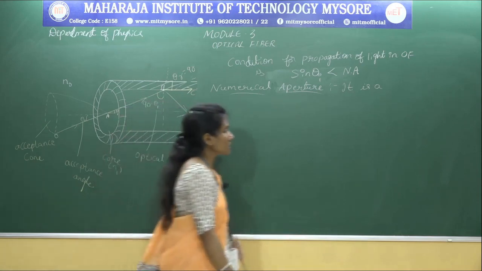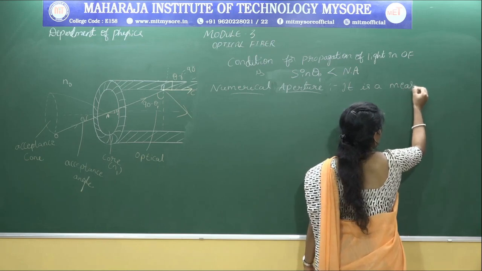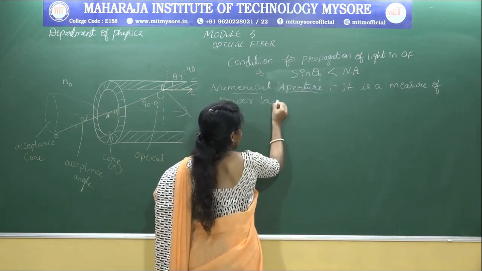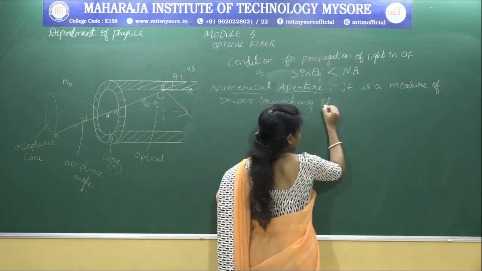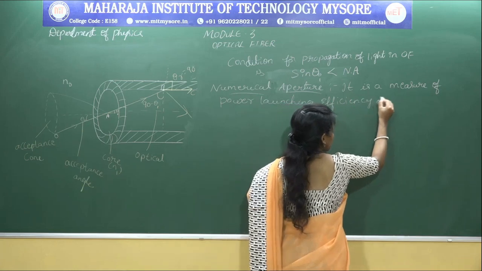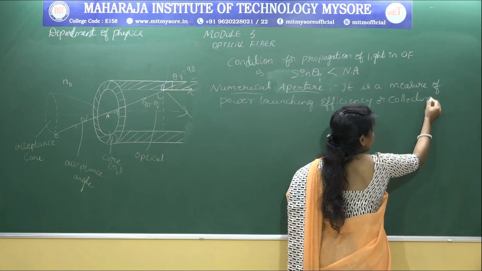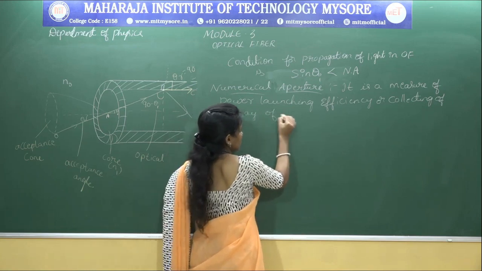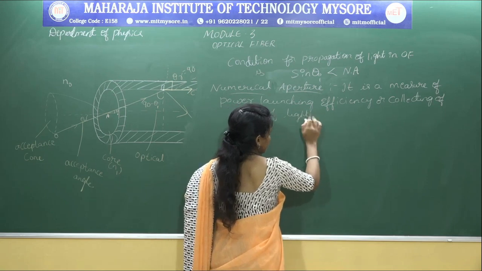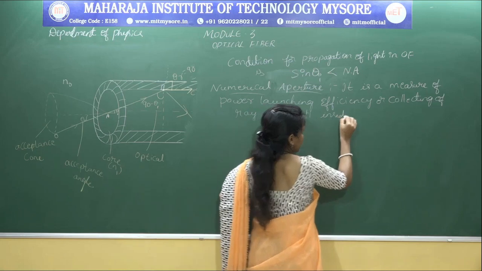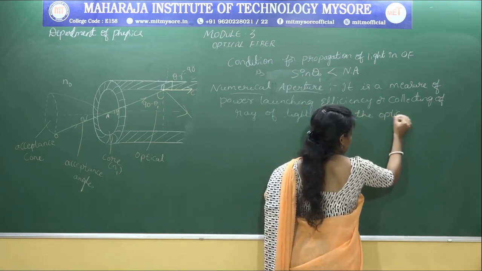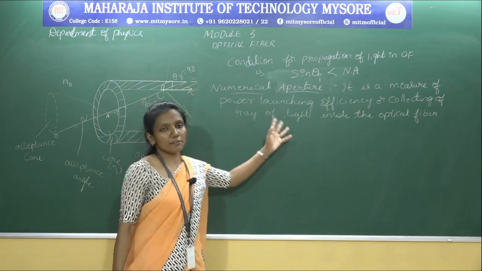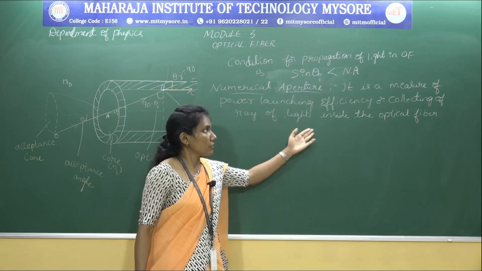So numerical aperture is a measure of the power launching efficiency or collecting of rays of light inside the optical fiber.